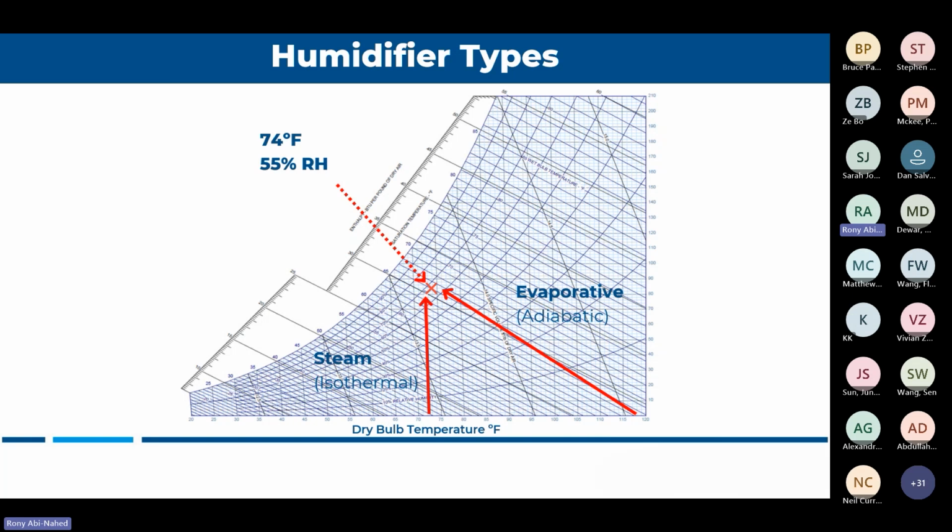Adiabatic, as you can see, you are cooling down at the same time as you are adding humidity, so you are extracting the heat from the space itself to create the evaporation process. Most of the applications we have in this area of the world, where it's cold in winter, are going to be isothermal. But there are still some applications where adiabatic makes a lot of sense, which I'll touch on in a couple of slides.